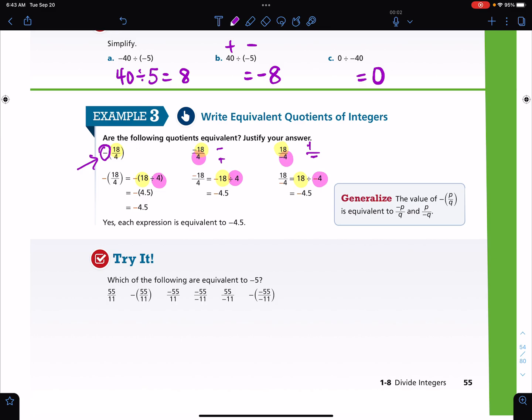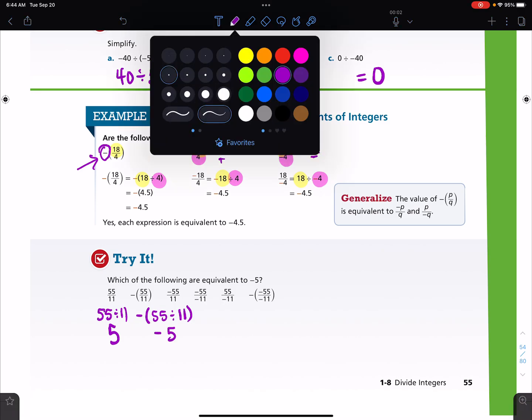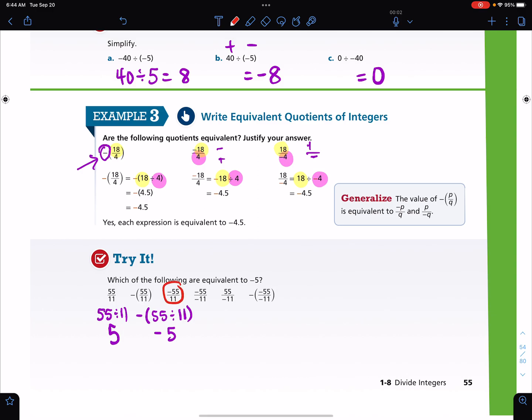So I'm going to do 55 divided by 11 is 5, and it's positive. This one, because it's in the parentheses, I'm going to do 55 divided by 11 in the parentheses, and I get the 5, and then apply the opposite of. I'm going to switch colors. So this number would be negative 55, no parentheses, divided by 11 equals negative 5.